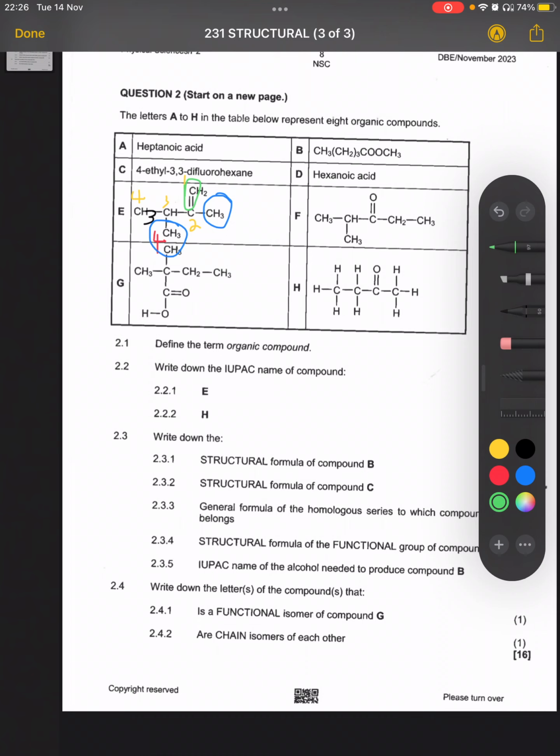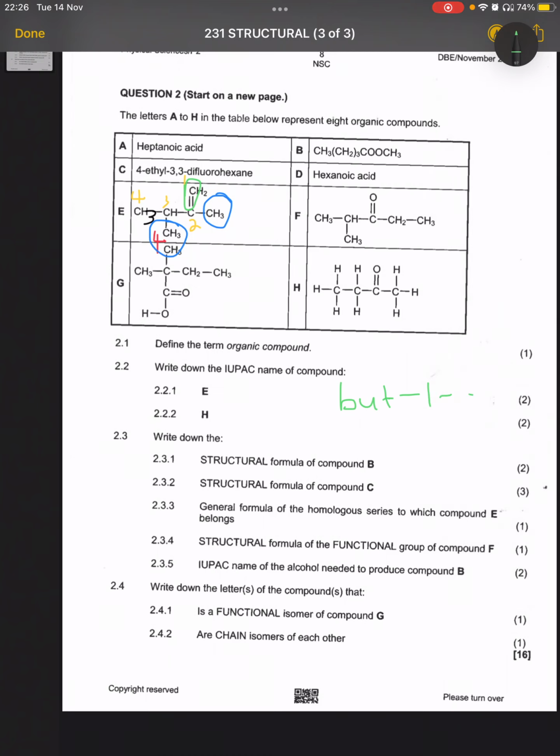Now, what's the name of this alkene? Because we're looking for the IUPAC name. First, 4 carbons means what? Means but. Where is this double bond? In carbon number 1. And we said that this is an alkene. The substituents that we identified are what?